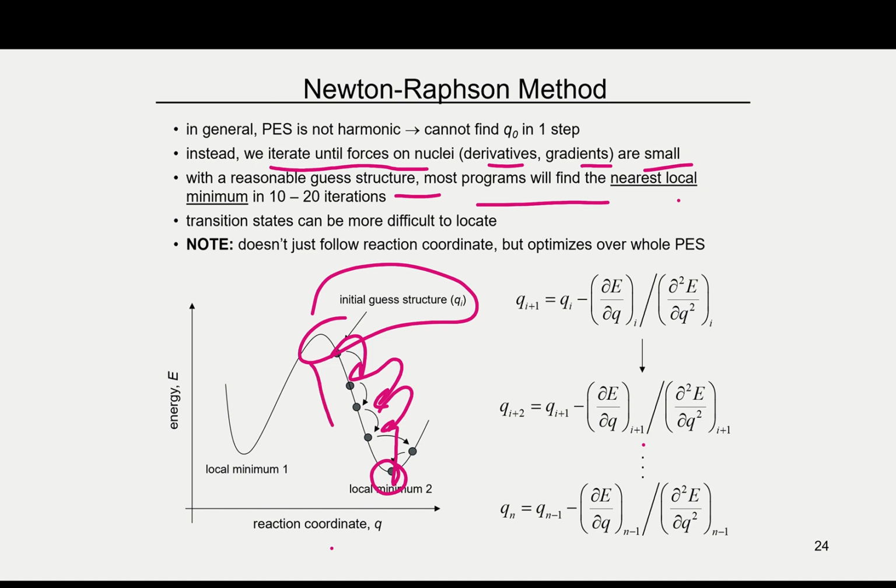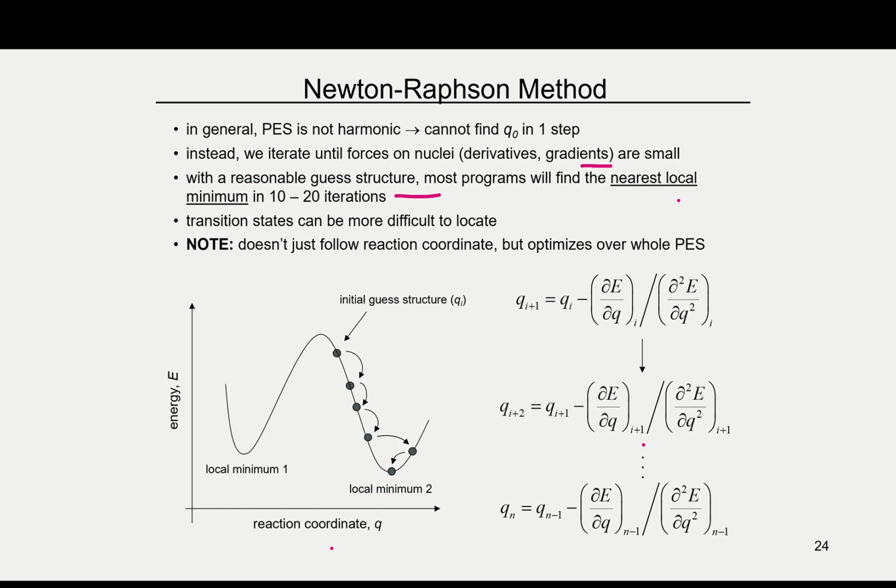I mean, it will go to the nearest local minimum where it can give you the minimum energy. It takes mostly 10 to 20 iterations. I mean, 10 to 20 calculations will follow, and then it will give you the minimum.